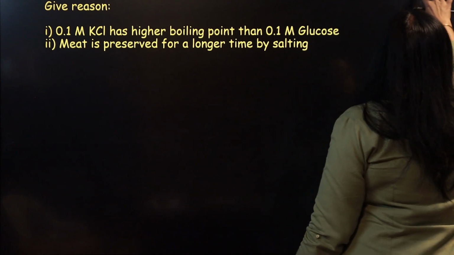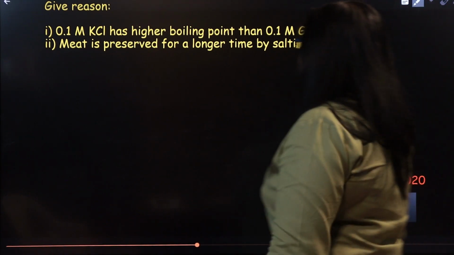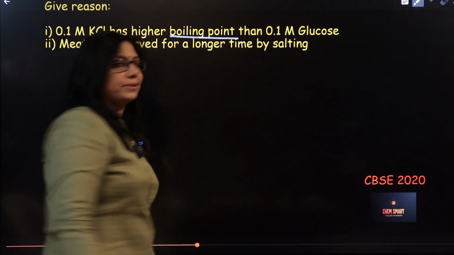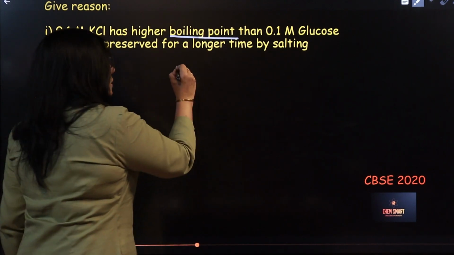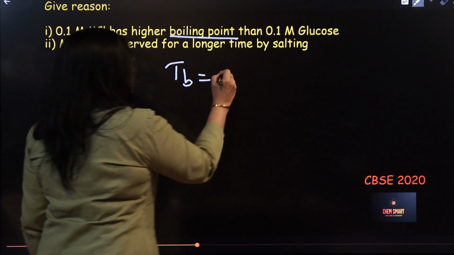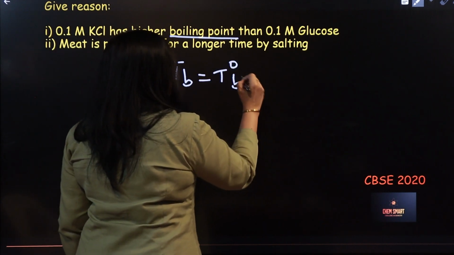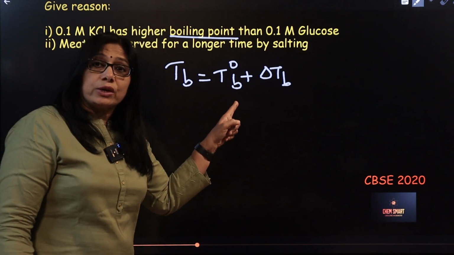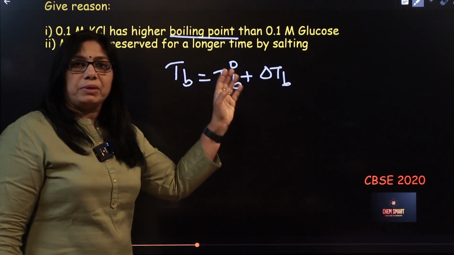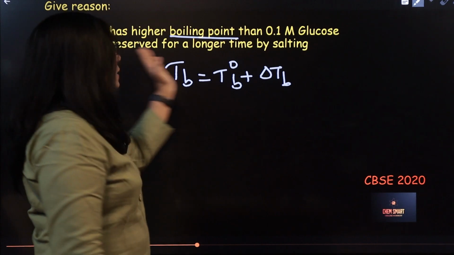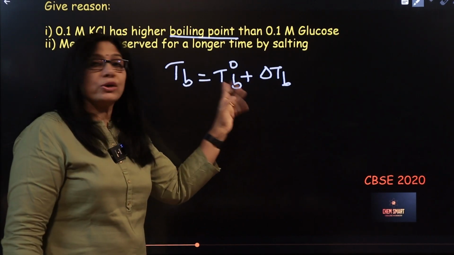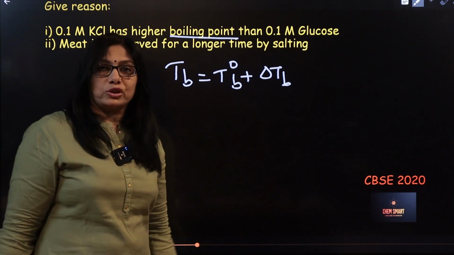Let's calculate the delta Tb for these, because the question is about boiling point. Boiling point is Tb, which is Tb0 plus delta Tb, right? Tb0 will be the same for both of them because both will be in the same solvent, so it is the boiling point of the pure solvent.